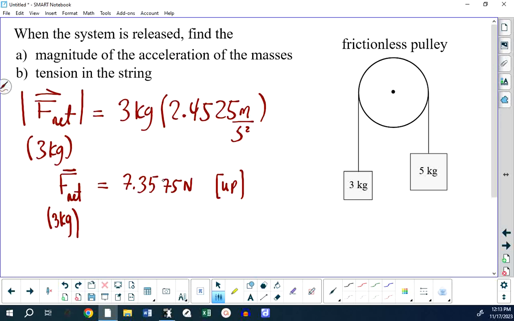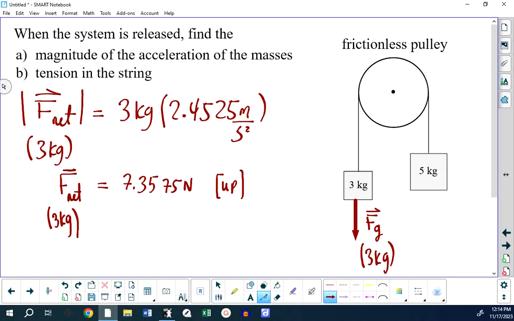Well, now let's look at the forces acting on the 3 kilogram mass. There is a force of gravity acting down. But since it's accelerating up, there must be a force upward on the 3 kilogram mass that is greater than the force of gravity down.